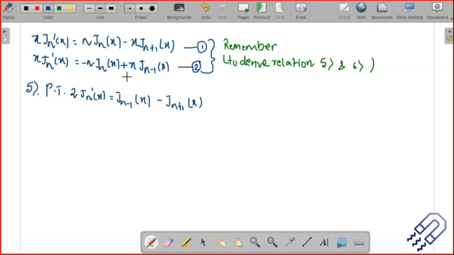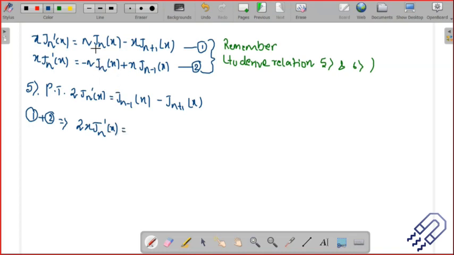If you look at it, straight away you know what you're supposed to do because I've already given you a hint. 2 times J n dash x, so that means you're supposed to add them up. If you add them up, you're going to get this relation very simply. So on top, you've got 1 plus 2. When you write this in your exam, please mention these two recurrence relations and say we can add them up. On the left hand side, this is 2 times x K n dash x.